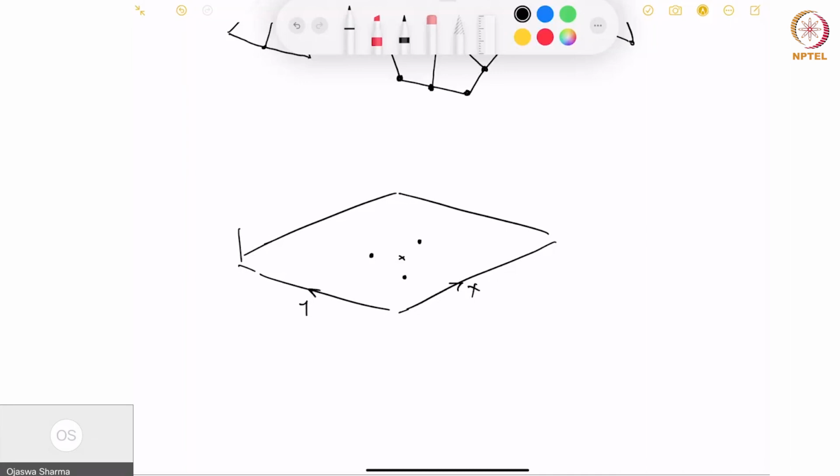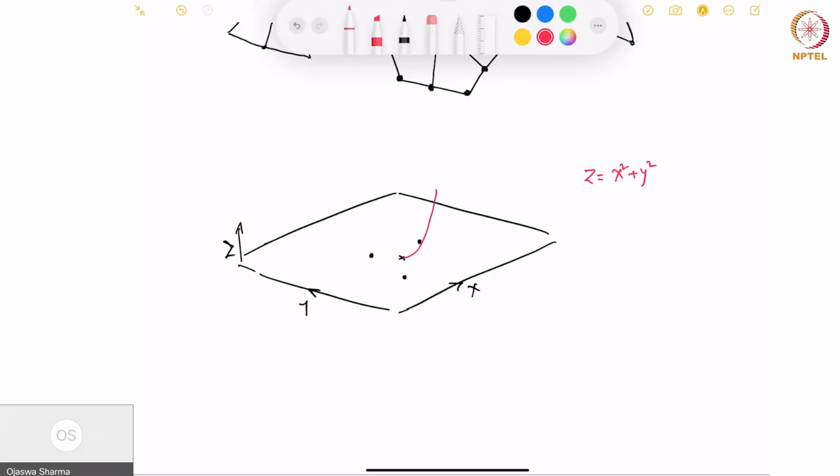What I do is that I lift these points in 3D by a parabola. So I have this parabola, z equals x square plus y square. I lift every point into the third dimension with this parabola, and by the way, this parabola does pass through the origin.